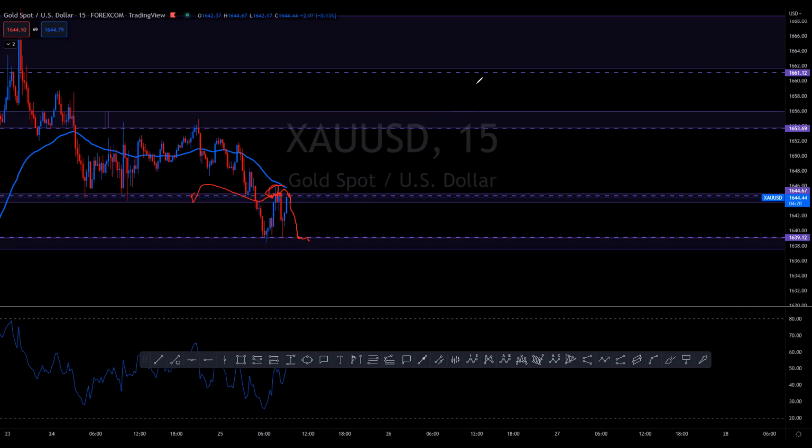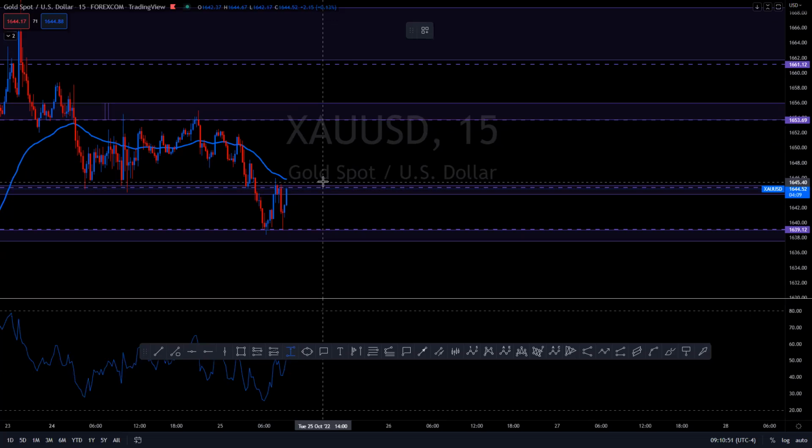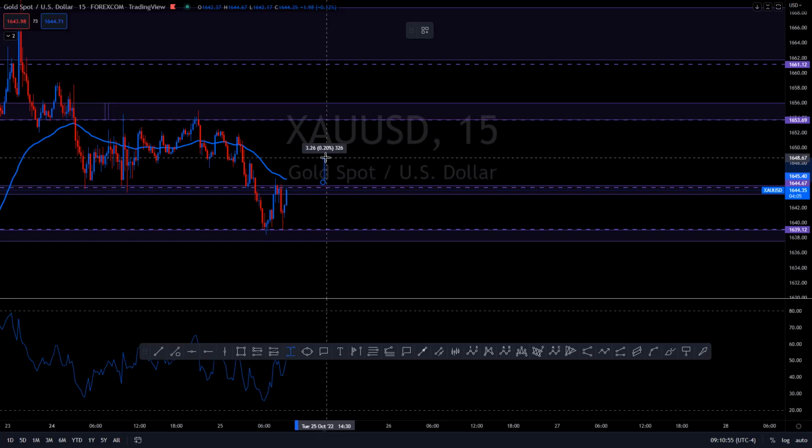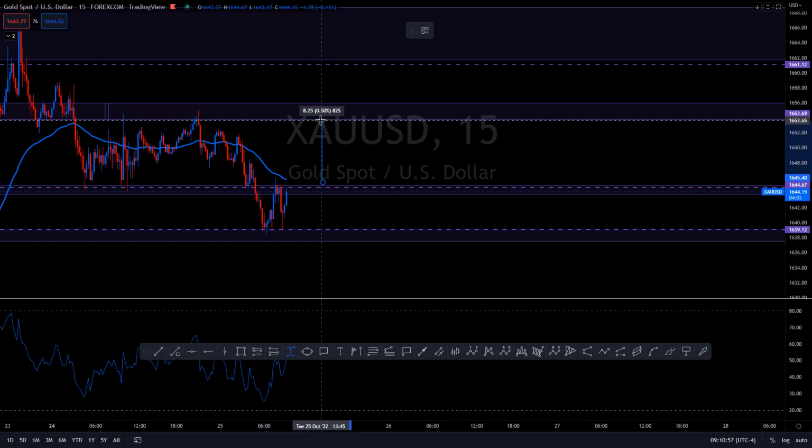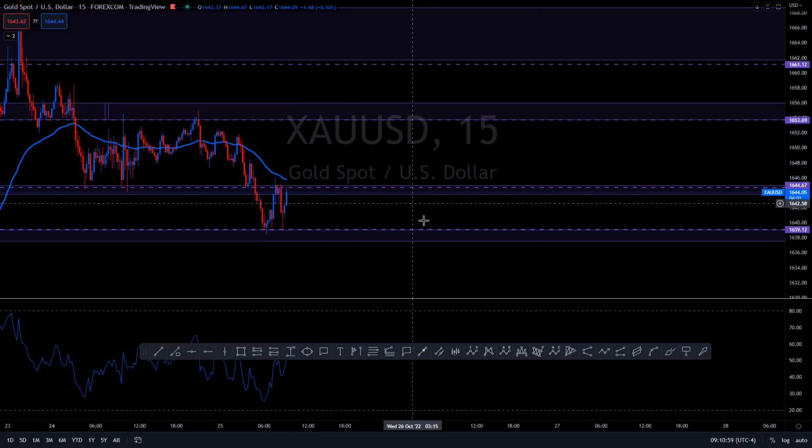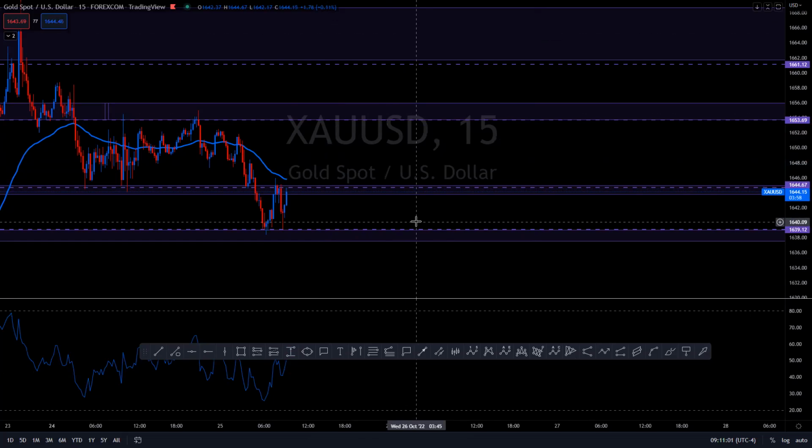So that's the reason why I need to wait and see if the candle is going to bust through this and go up. Because if it does, then I'm looking to at least go up to this next zone, which should be a decent amount of points, or even all the way up to here. So that's what I'm going to look for.